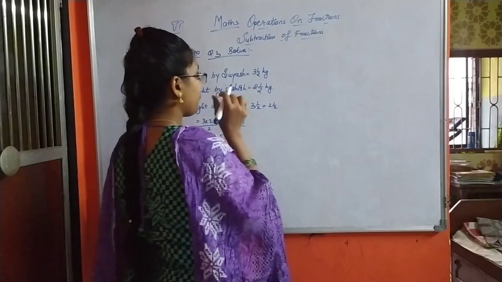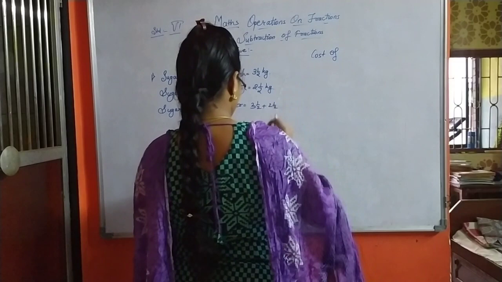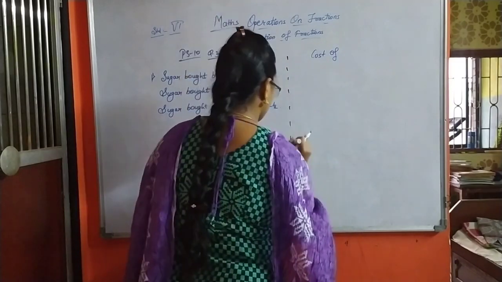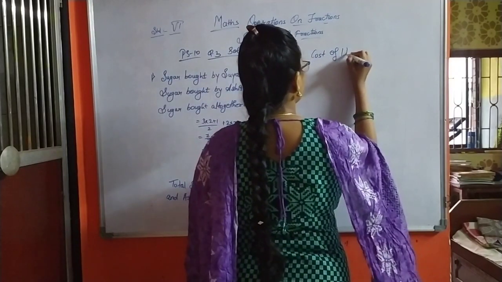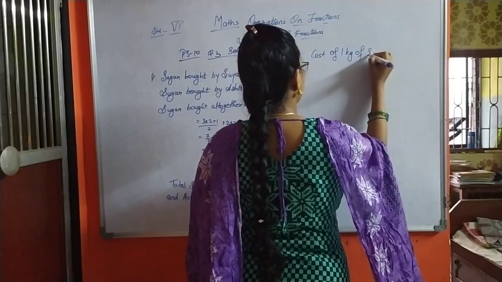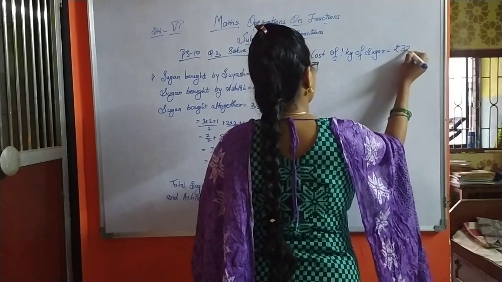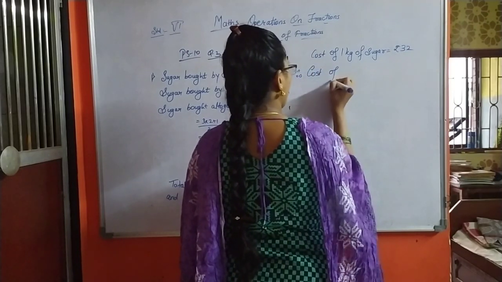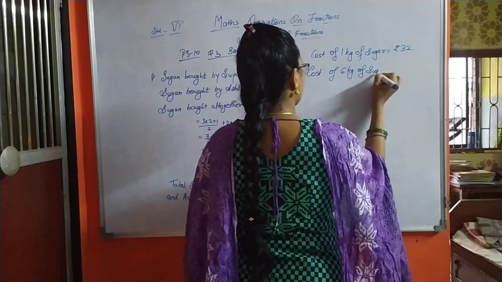Now, cost of one kilogram of sugar equals rupees 32. Therefore, cost of 6 kilogram of sugar.